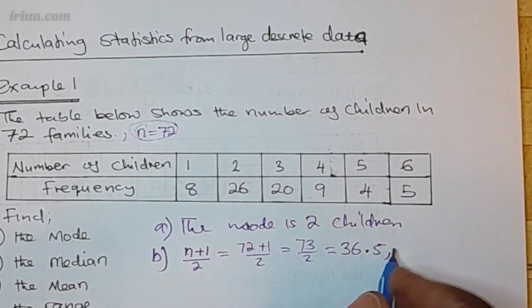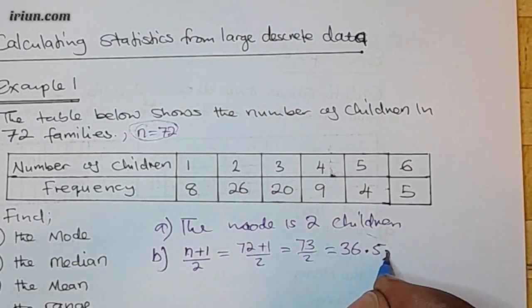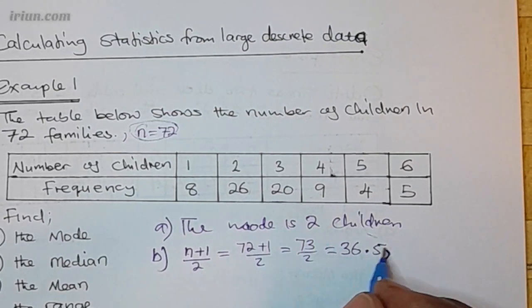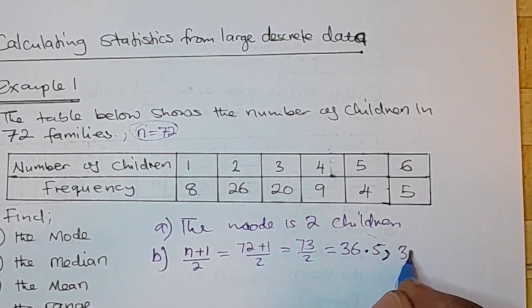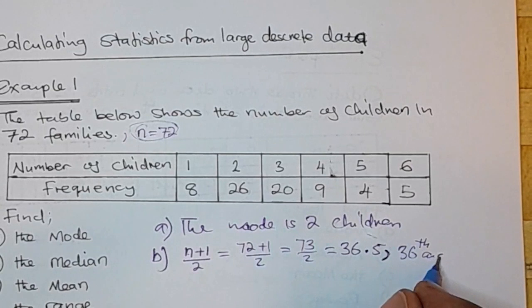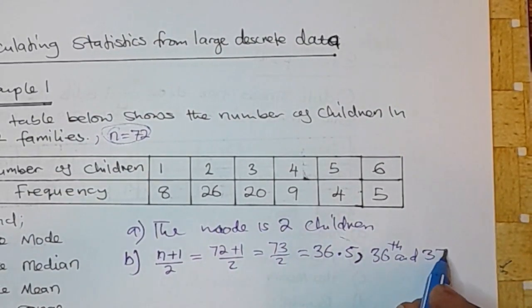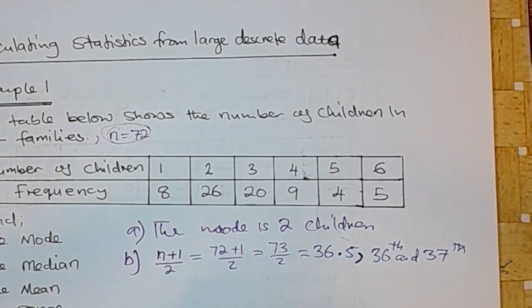Now what does this mean? It means that this is not the median itself. What it means is that the median lies between the 36th score and the 37th score, or the 37th value. This is where the median is lying.